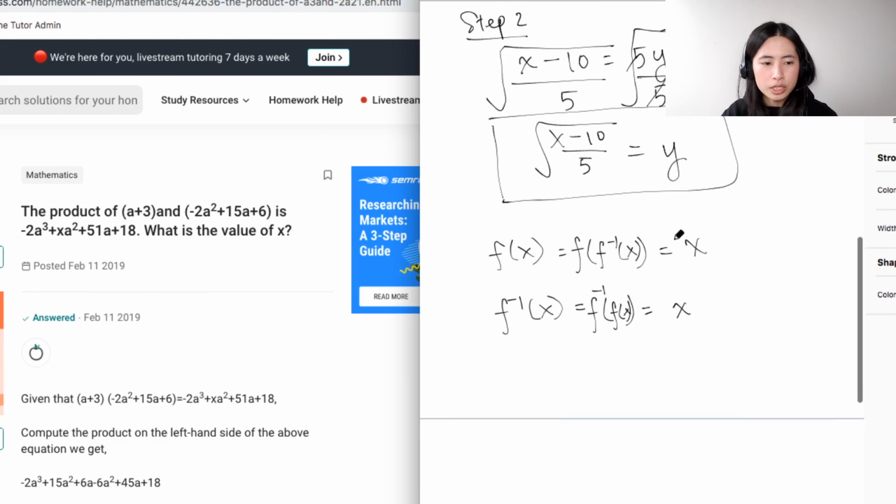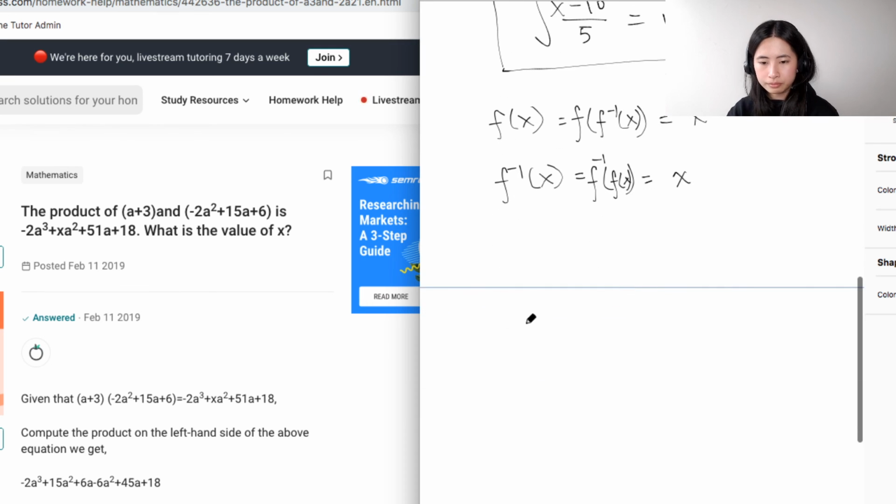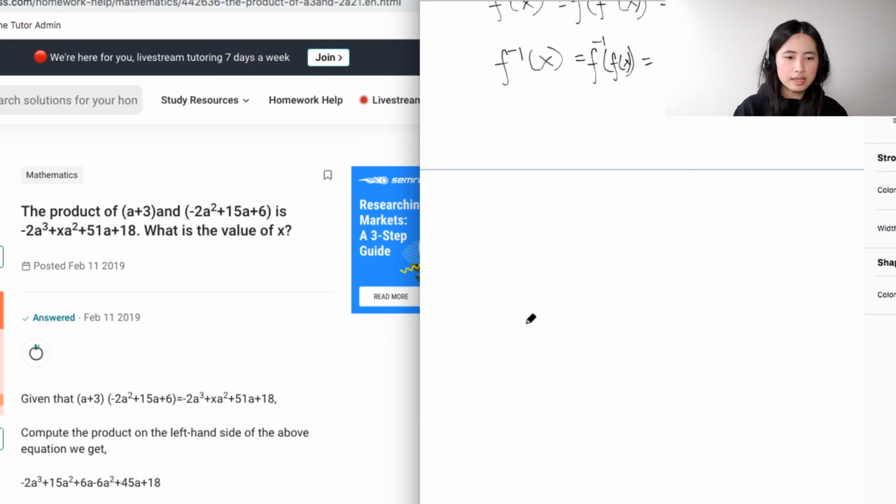Okay, so this question, it says the product of a plus 3 and negative 2a squared plus 15a plus 6 is negative 2a cubed plus xa squared plus 51a plus 18, and now we want to find the value of x. So, as you can see, they're specifying that we have a product, right?